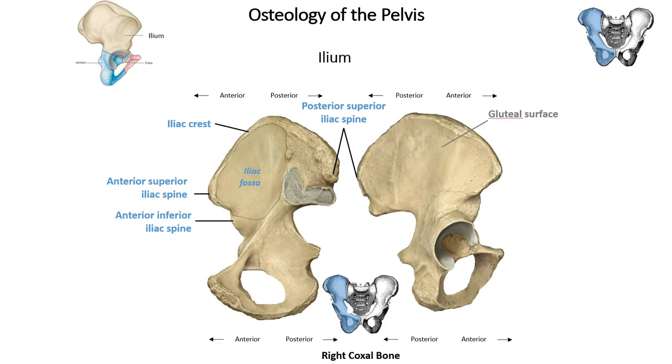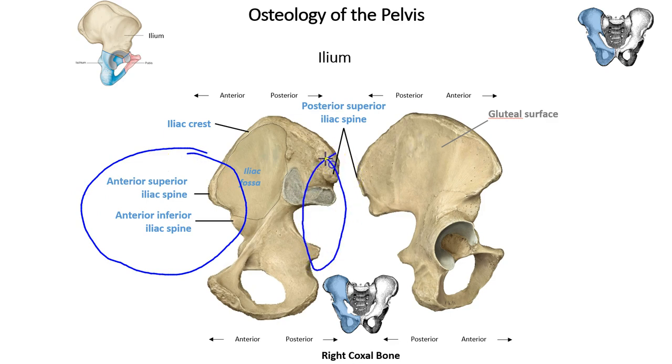Let's take a closer look at the innominate bone. In this image on the left, the anterior segment of the innominate bone is here, while the posterior segment of the innominate bone is here. Anteriorly, there are 2 named prominences. The anterior superior iliac spine is at the far anterior reach of the iliac crest.